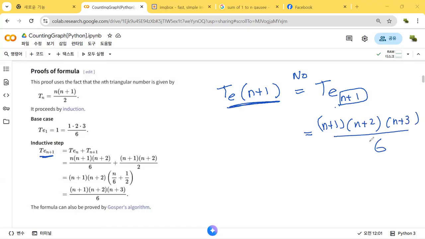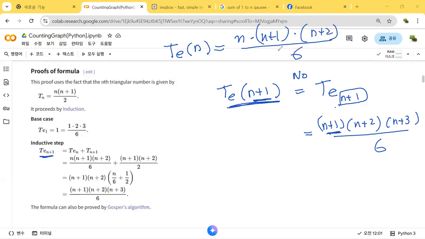Okay. And in this case, this is n plus 1. But in general, what is n? If this is n, then this one is replaced by n times n plus 1 and n plus 2 divided by 6.